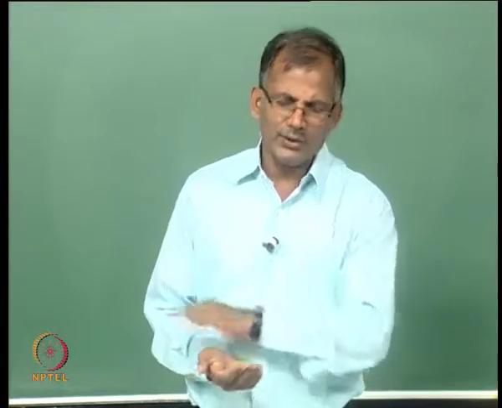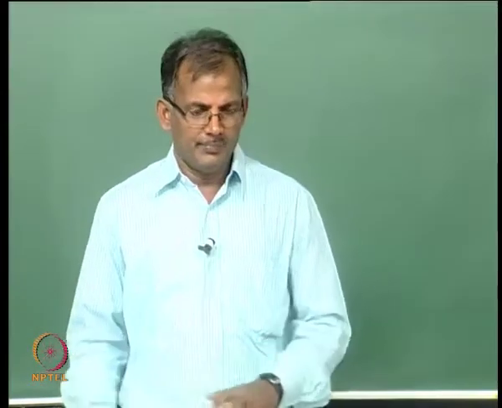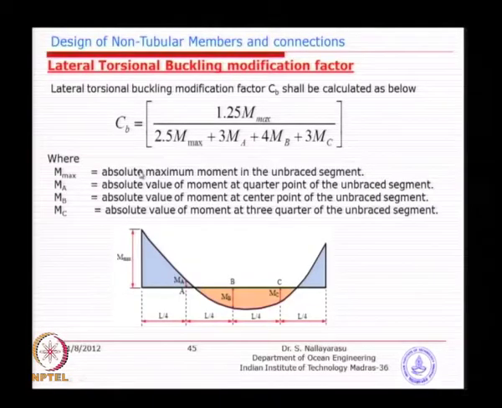For the typical case, I have just given you an idea of the moment variation, A, B, C, and the absolute maximum moment, and then the moment at the locations A, B, C. Basically, A is 1/4, then the middle, and 3/4, and this will give you an idea of the reduction factor for the torsional buckling, which is CM. We were talking about the flexural buckling in tubular members. In here, it is CB, and you calculate and apply this value to reduce the buckling.